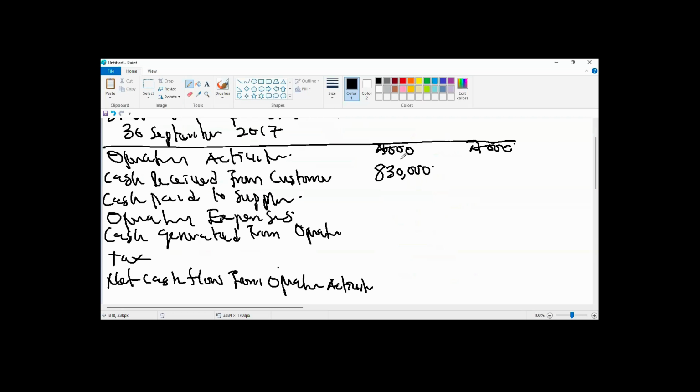So we remove the rounding point. Is it not a million initially? No, the question didn't round them. Let me see the question. Okay.